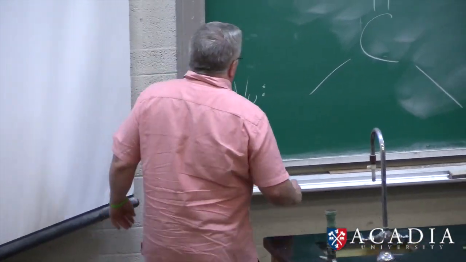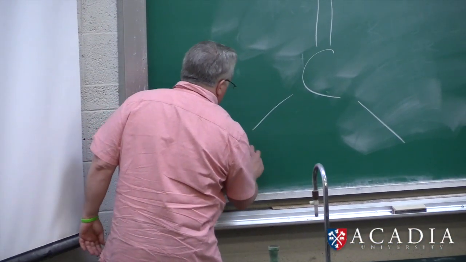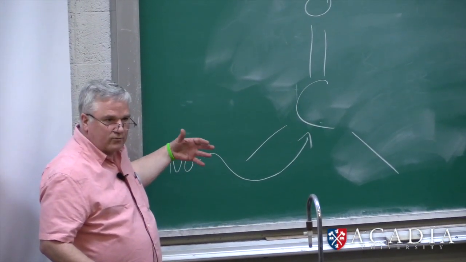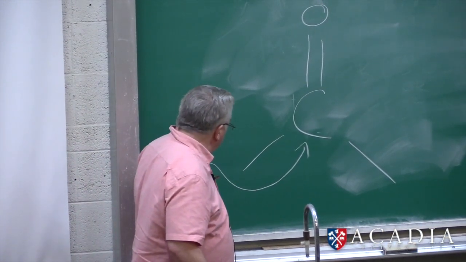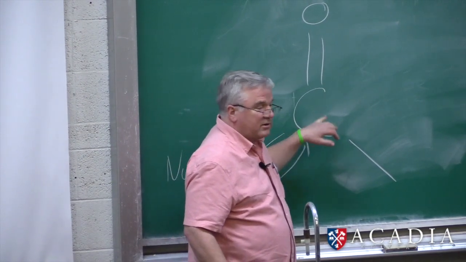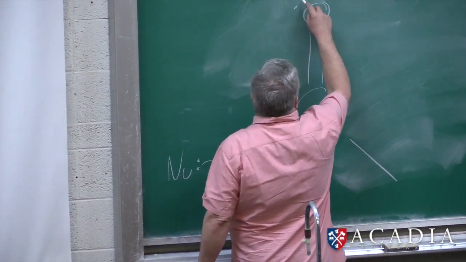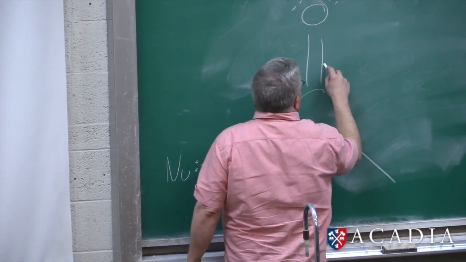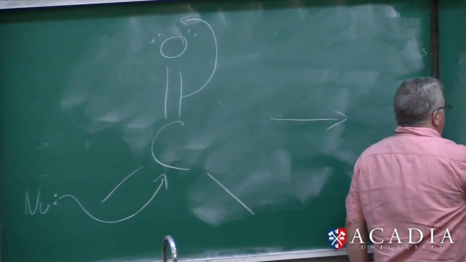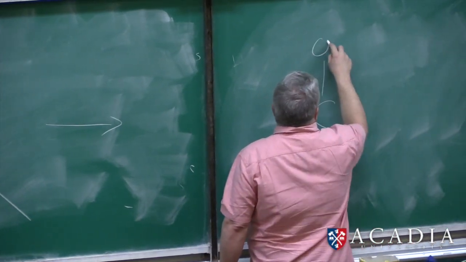And we draw our curly arrows to indicate that these electrons can reorganize and form a bond between that nucleophile and the carbonyl carbon. And we typically will promote a pair of electrons up to the oxygen, and we get this thing.